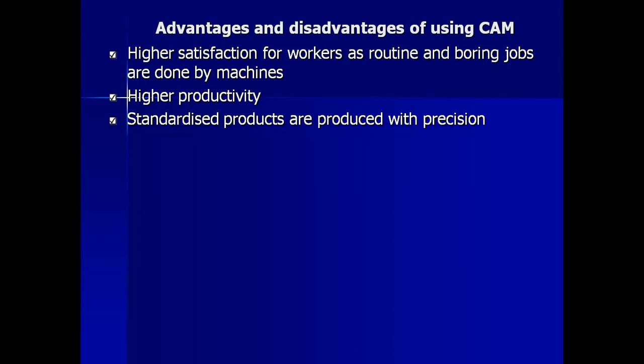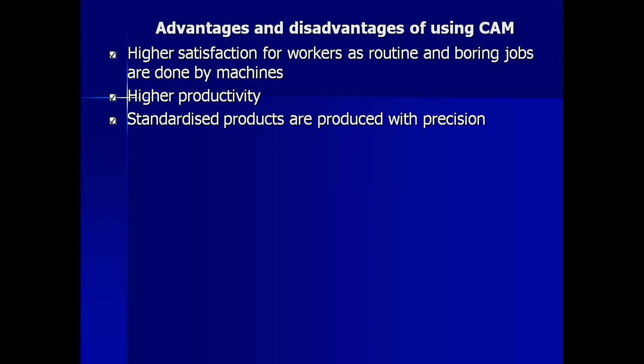And standardized products are produced with the help of CAM, because there is no margin of mistake when you are producing standardized products. Nobody can do that job better than machines and robots, because they are very precise. Precise means that they are error free, unless there is some fault in a computer or machine.